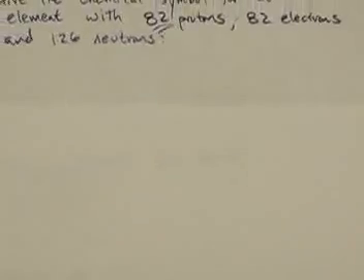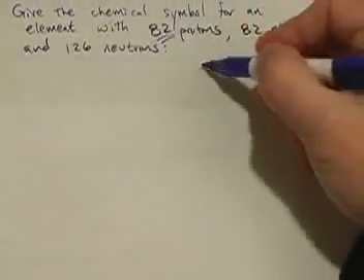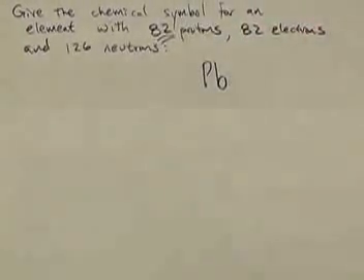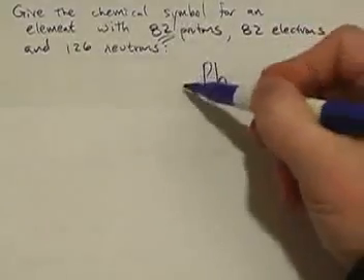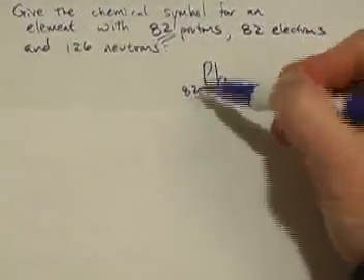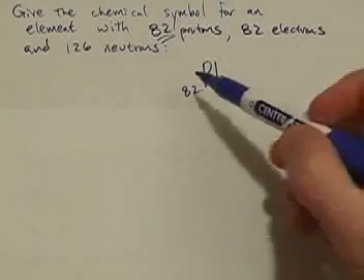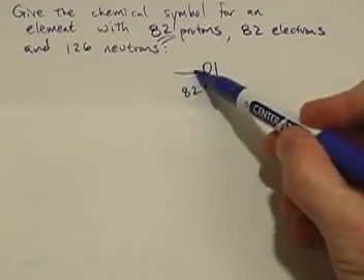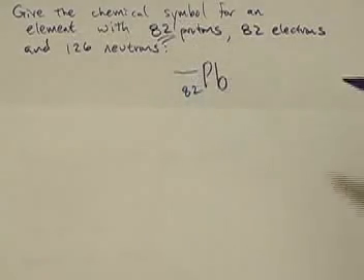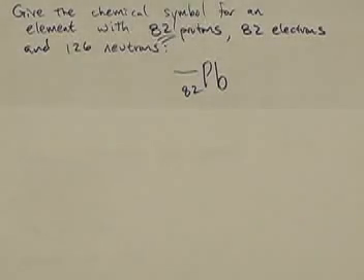And so when you write the symbol for this element now, you write down Pb, and you'll put the number 82 in the lower left-hand corner, because that's the number of protons there are in the nucleus. The last thing you want to write is the number of protons plus neutrons up here in the upper left-hand corner.